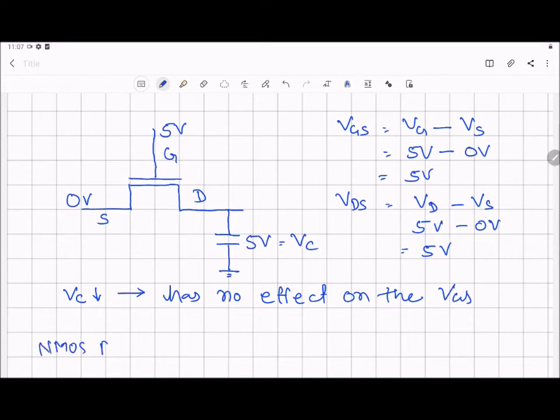Alternatively we can say that an NMOS pass transistor passes strong logic 0. Strong logic 0, because we have applied 0 volt as an input and we are able to transmit that 0 volt to the capacitor.